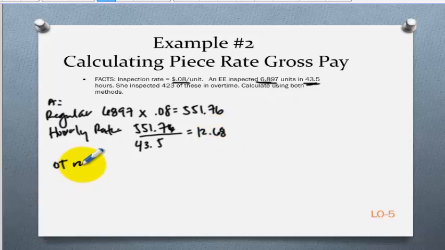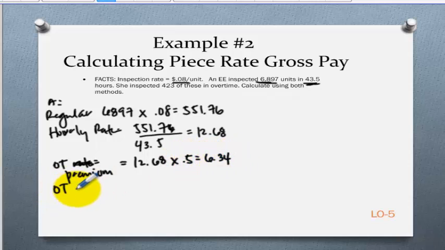And so therefore, my overtime rate, really it's a premium, right? Because I've already factored in my overtime hours up here. So I'm going to take 12.68 times 0.5, it gives me 6.34. So my overtime pay is going to be 6.34 times, how many hours did she work overtime? 3.5.